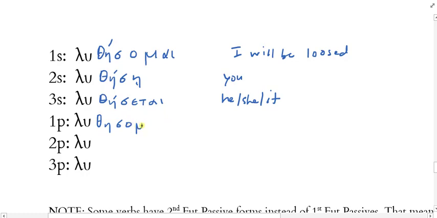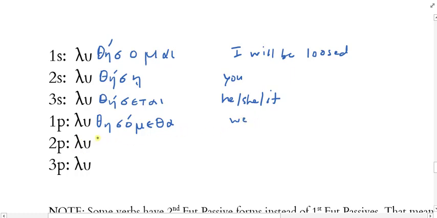No. Not men, but metha. Lu, they, sametha. Okay, my accent's on the eta here. It's got to shift over one because I have two syllables after. I can't put the acute accent more than three from the back. So that's we will be loosed.